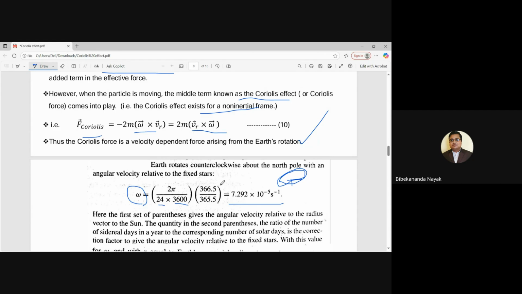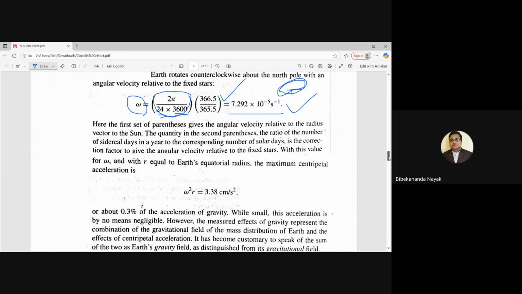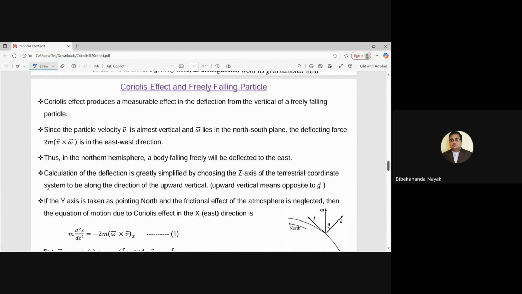This is actually the sidereal day, versus the solar day, where a very small correction factor applies. But normally we can calculate from 2 pi by 24 into 3600, and this value is omega, the angular velocity of the Earth.